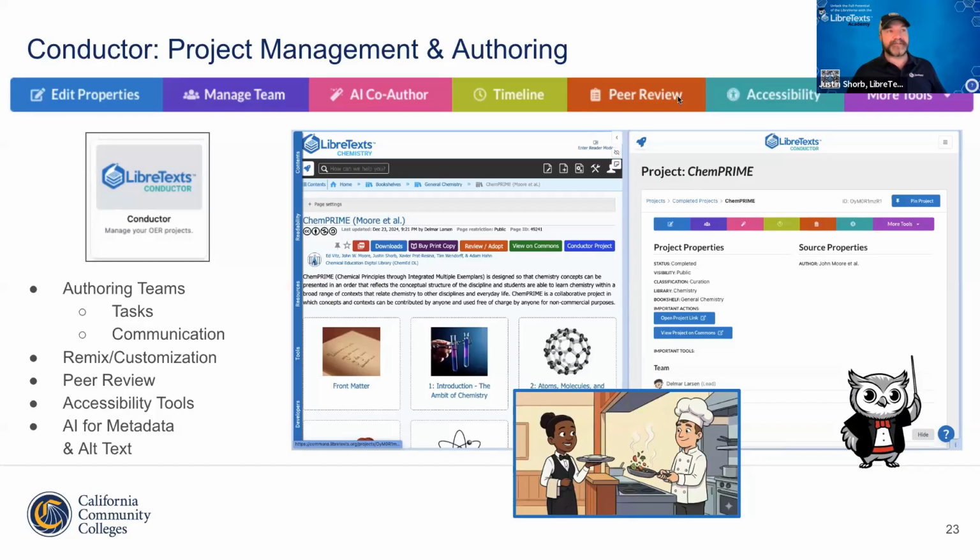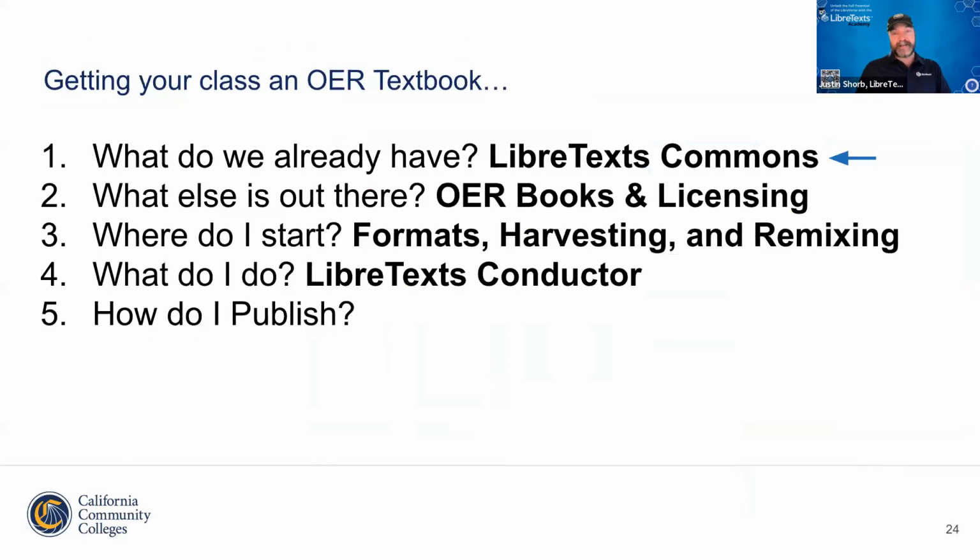And then you can access your peer reviews and our accessibility checklist as well. And I'll walk through more of these details, but I just want to get it in your head that you find your book, you look for your book, you can look at what it looks like, but at the end of the day, if you want to access it to do anything with it, you're going to do it through our Conductor platform. So let's get your class an OER textbook.